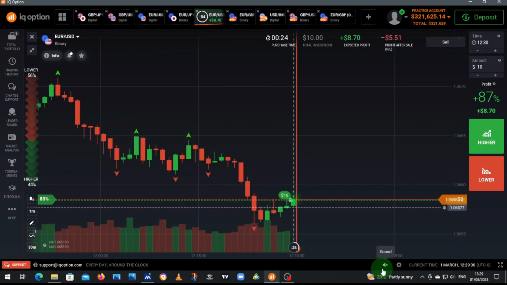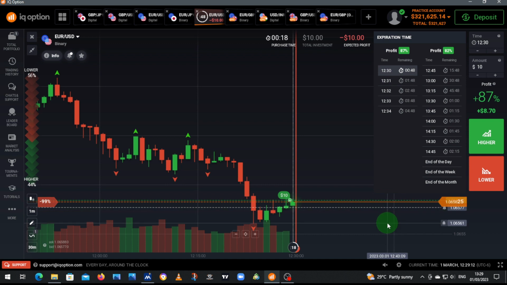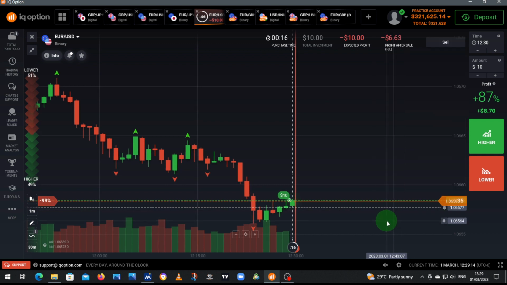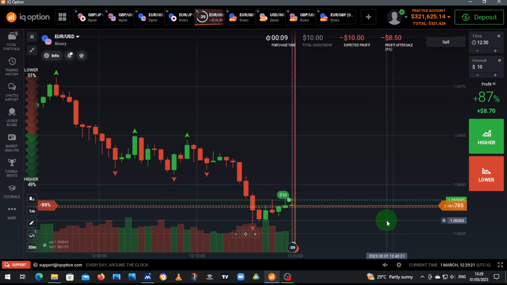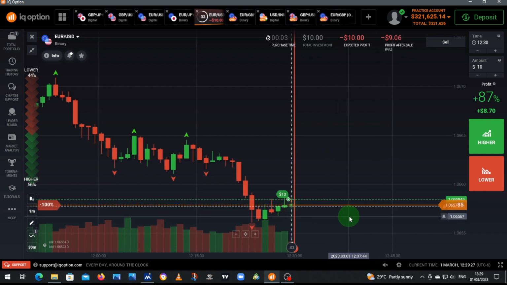Mind you, you could have taken this trade with the 30 seconds, or you could have increased it to another minute. Either way should be just fine. But of note also, whenever you're placing trades, ensure that you place one trade at a time. You can do more than one contract at a time.